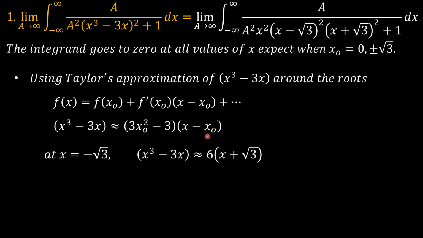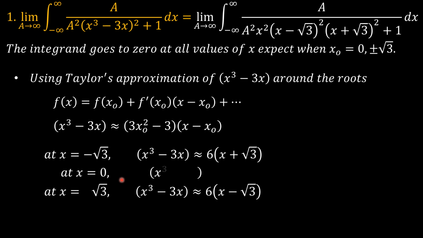And then x naught is negative root 3, so we have 6 times (x plus root 3). At x equals positive root 3, on the other side, we have 6 times (x minus root 3). And finally, at x equals 0, we have negative 3x. So this lower part here approximates to these values.